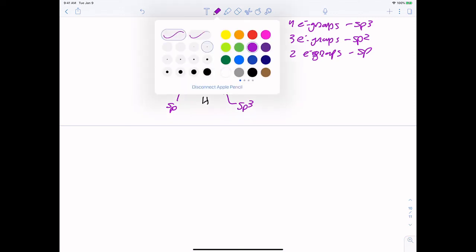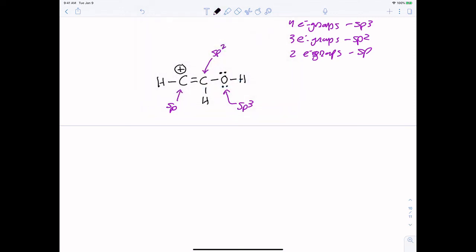So let's do another. Let's do a ring, which is kind of annoying to draw. Next week we'll actually learn a shortcut way to draw organic molecules, but for now.